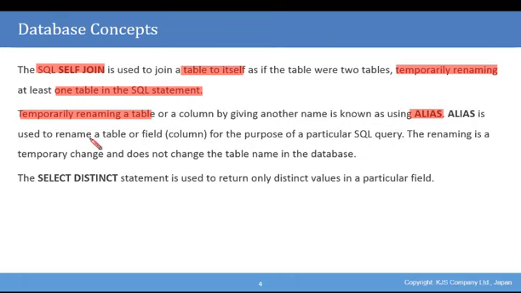An alias is used to rename a table or field, column, for the purpose of a particular SQL query. The renaming is a temporary change and does not change the name of the table in the database. The select distinct statement is used to return only distinct values in a particular field.